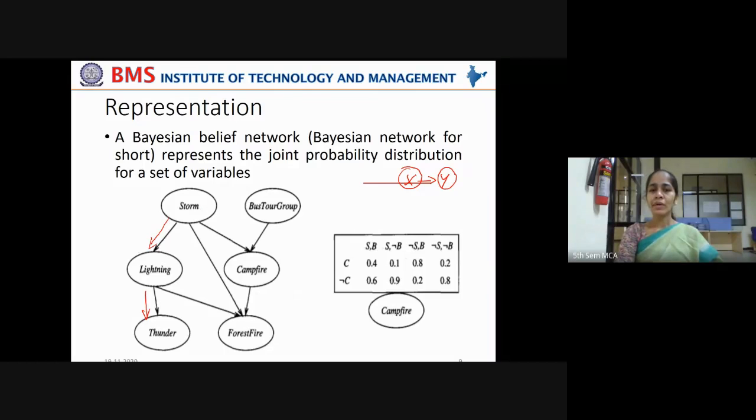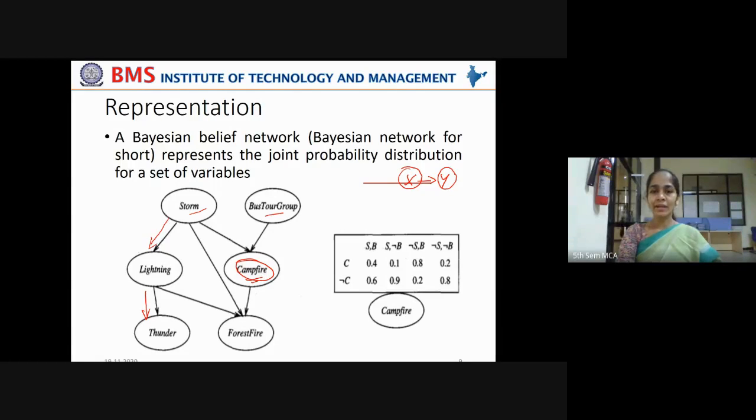Okay, now if we take campfire, campfire is conditionally dependent on its predecessors. What are the predecessors? Storm and Bus tour group. They conditionally determine this campfire, or campfire is dependent on its predecessors, Storm and Bus tour group.